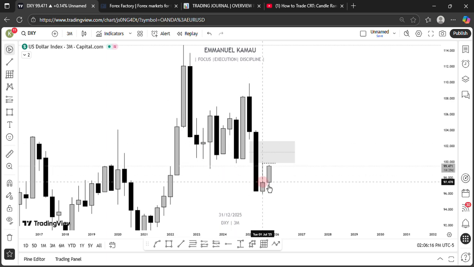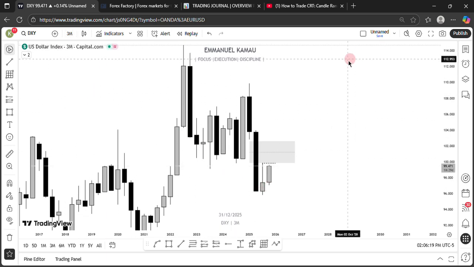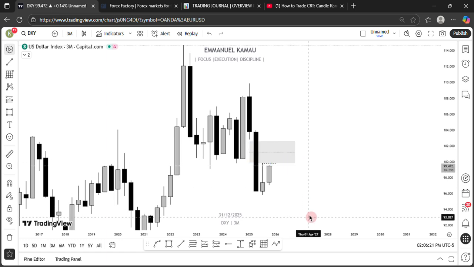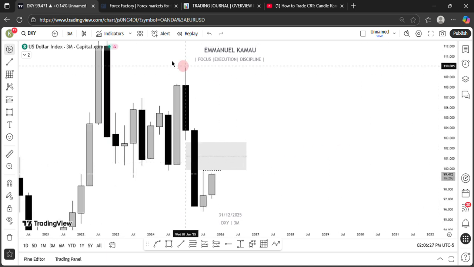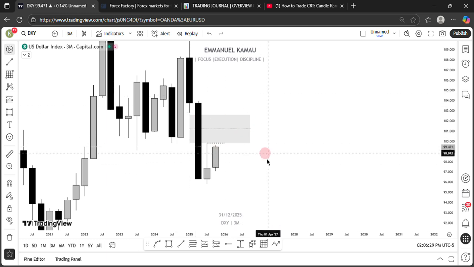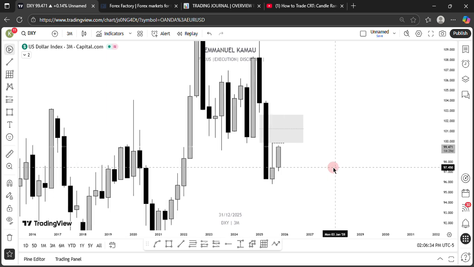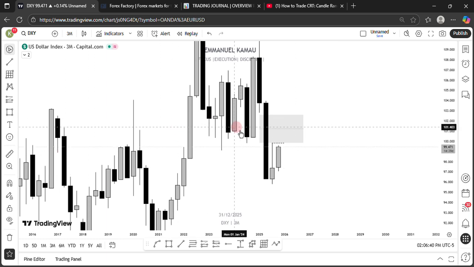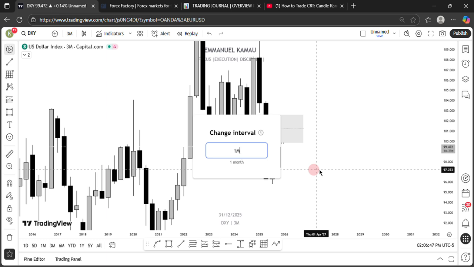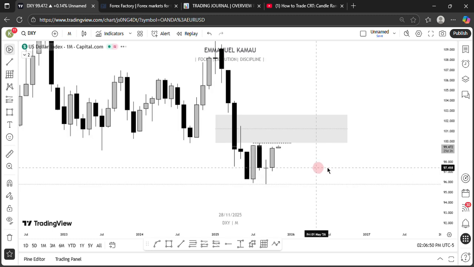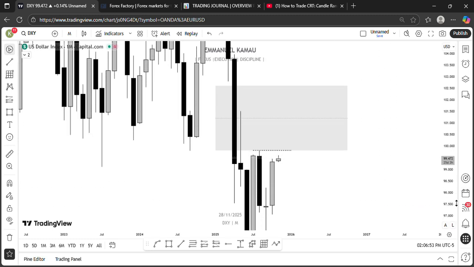If you are bullish on DXY, you expect EURUSD to sell, because DXY and EURUSD are negatively correlated. So whatever we see on DXY, you just apply to your major pair, let's say GBPUSD. If they are correlated, you buy the pair, but if they are negatively correlated, you sell the pair. So let's go to the lower time frame. I will go to the 1 month time frame to see if they are aligning with what we have seen.